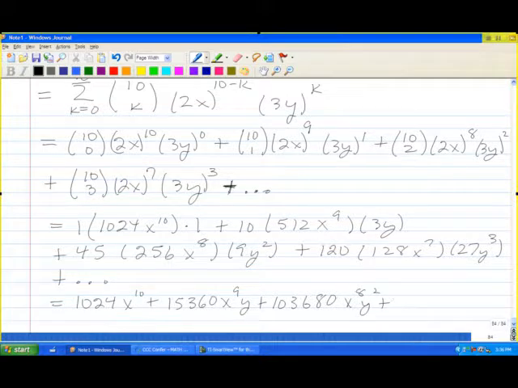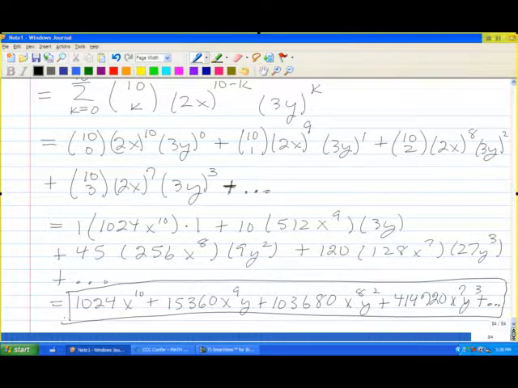Multiply the 120 times the 128 times the 27, and so 414,720 x to the 7, y to the third, plus etc. And those are the first 1, 2, 3, 4 terms.